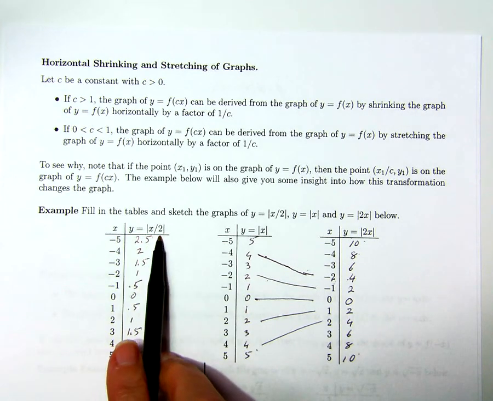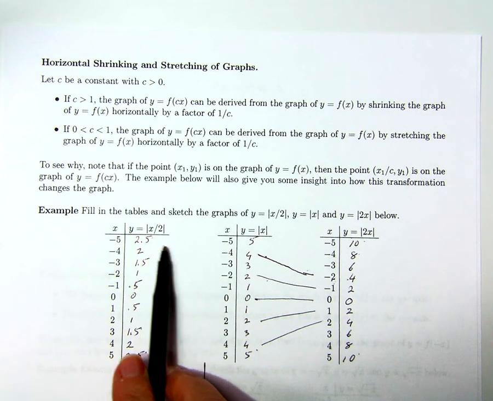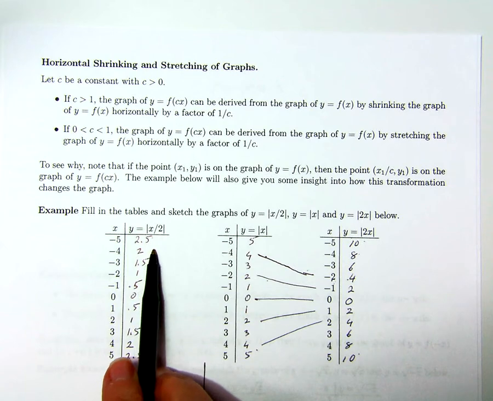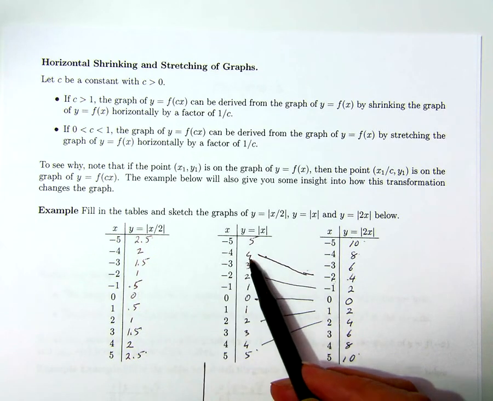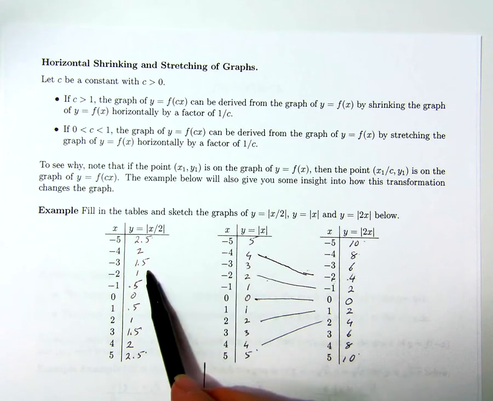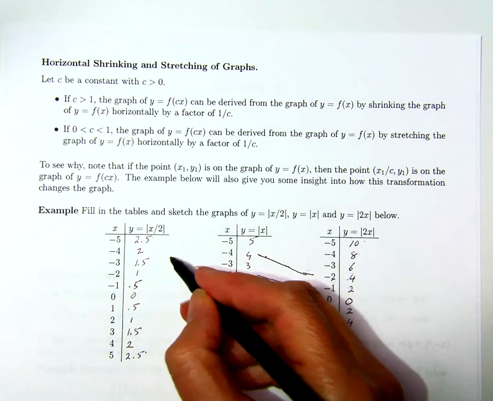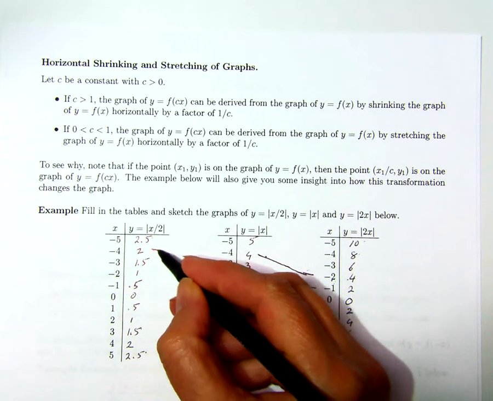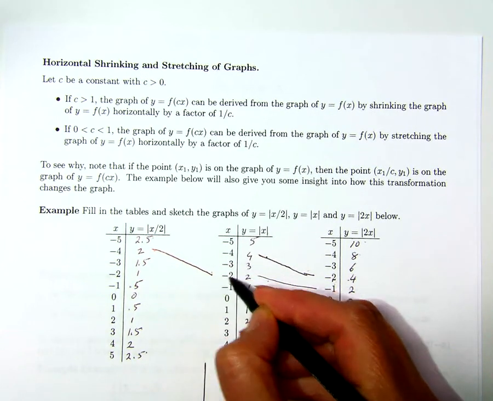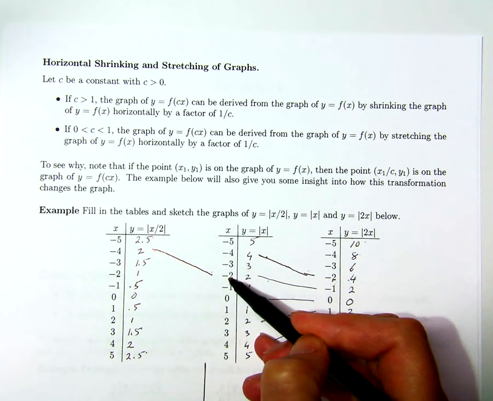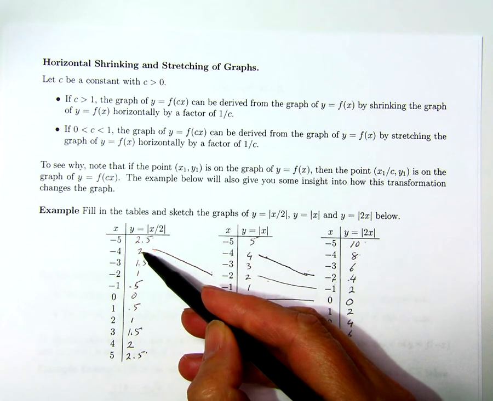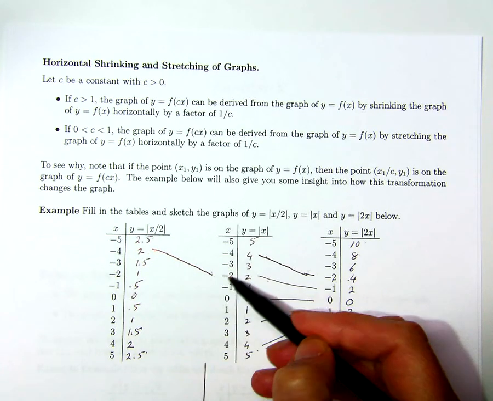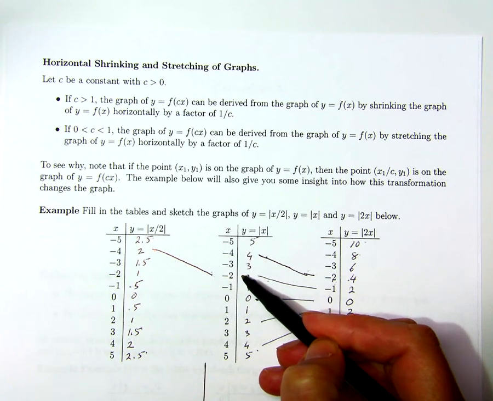And dividing by 2, it doubles the distance for corresponding y values here. Let's take 2, minus 4, and these have the same y value, but this point is double the distance from the y-axis that the one on the original graph is.